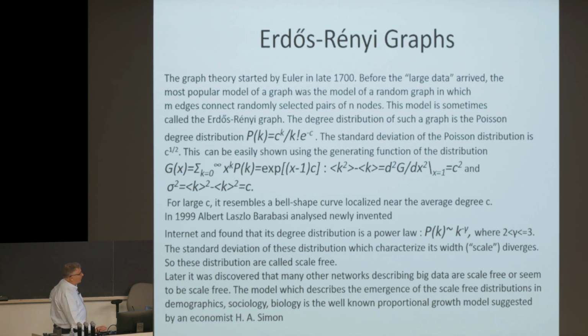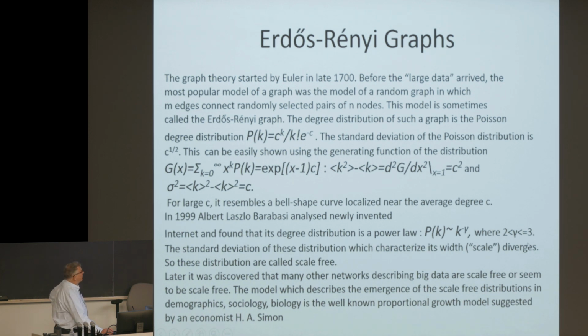So basically the probability of a big k is decreasing not exponentially like here, because factorial is decreasing very fast, faster than exponential. But it decreases as k to some power, where gamma experimentally becomes some value between 2 and 3.